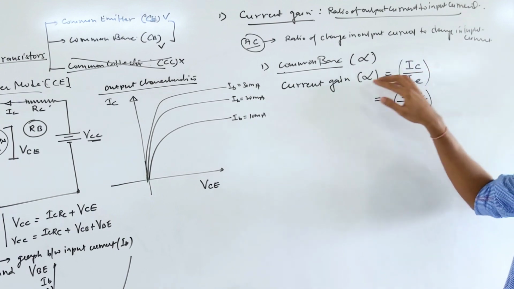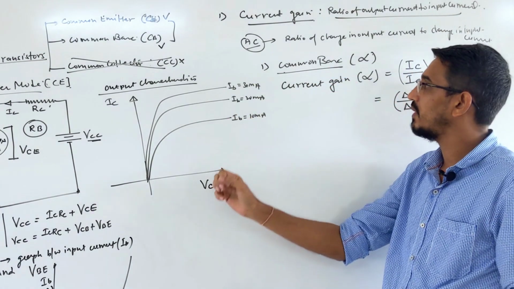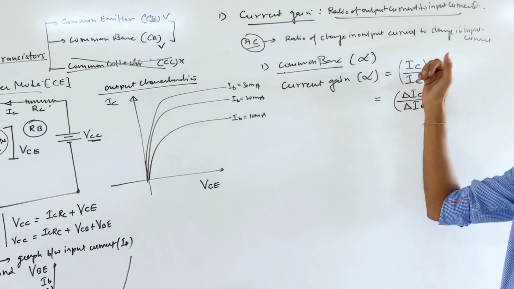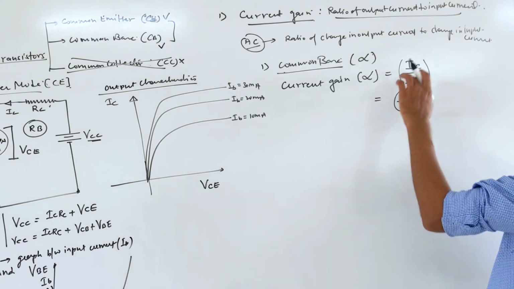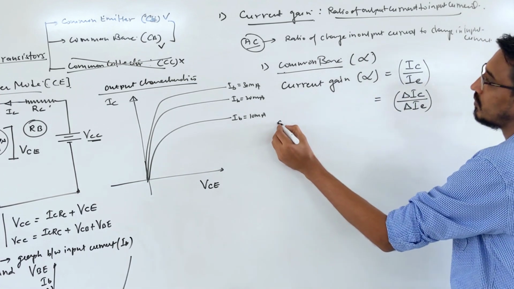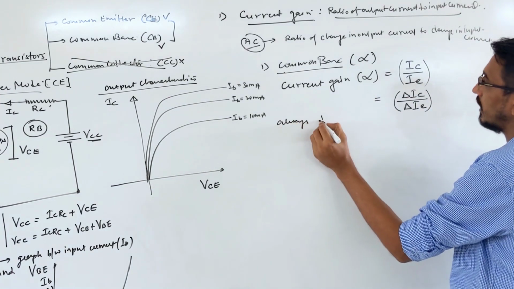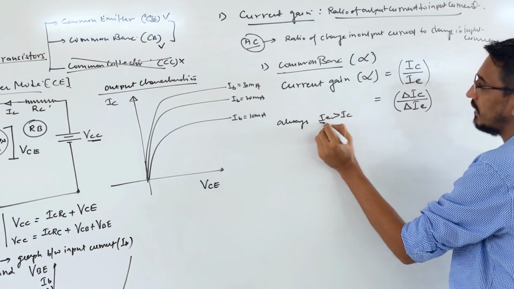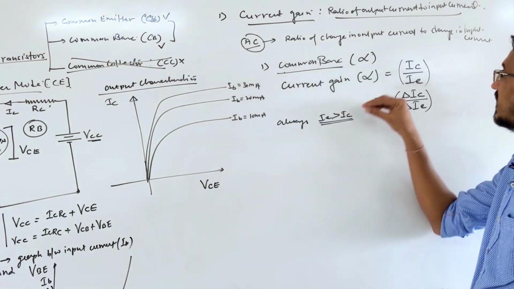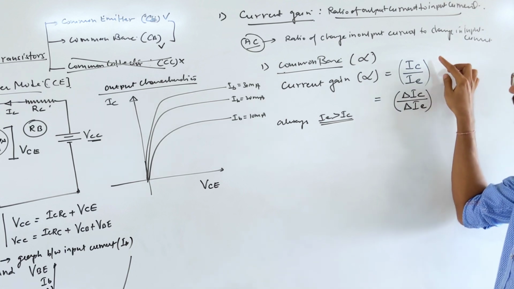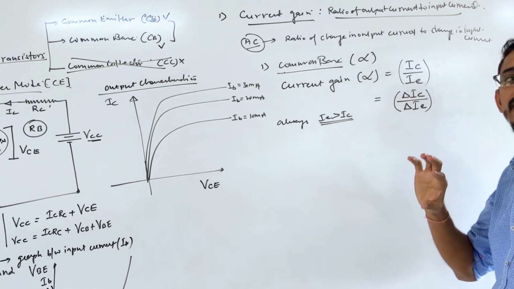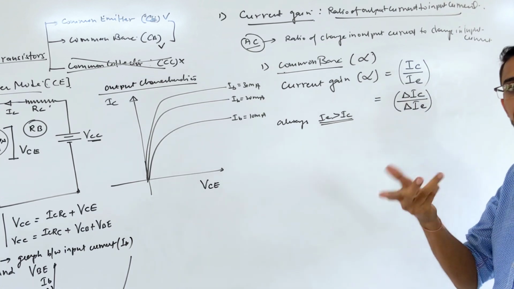When common base configuration is there, your output current is always IC only. Input current will be your emitter current, keep in mind. And we know that IE is always more than IC. It means this answer will be less than 1 always. The ratio IC by IE will always be less than 1 because IE is always more than IC.